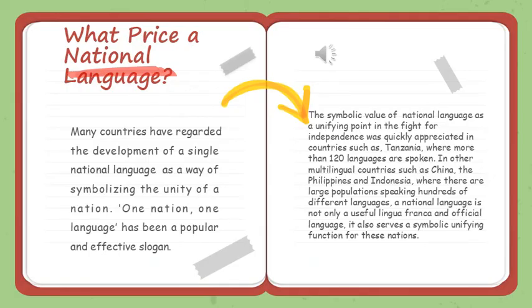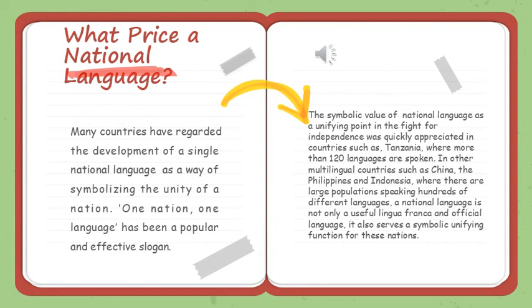What is the prize of a national language? Many countries have regarded the development of a single national language as a way of symbolizing the unity of a nation. One nation, one language has been a popular and effective slogan. The symbolic value of a national language as a unifying point in the fight for independence was quickly appreciated in countries such as Tanzania, where more than 120 languages are spoken.